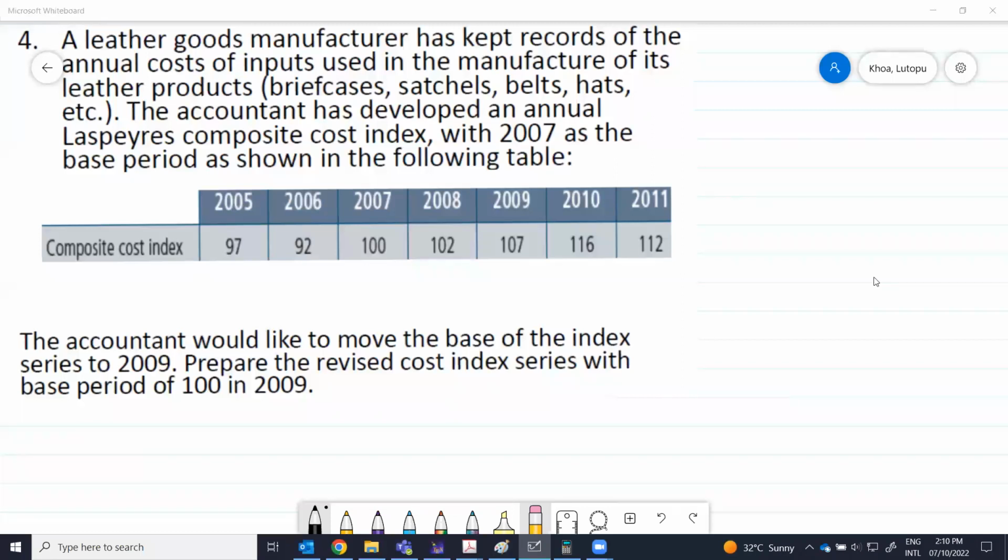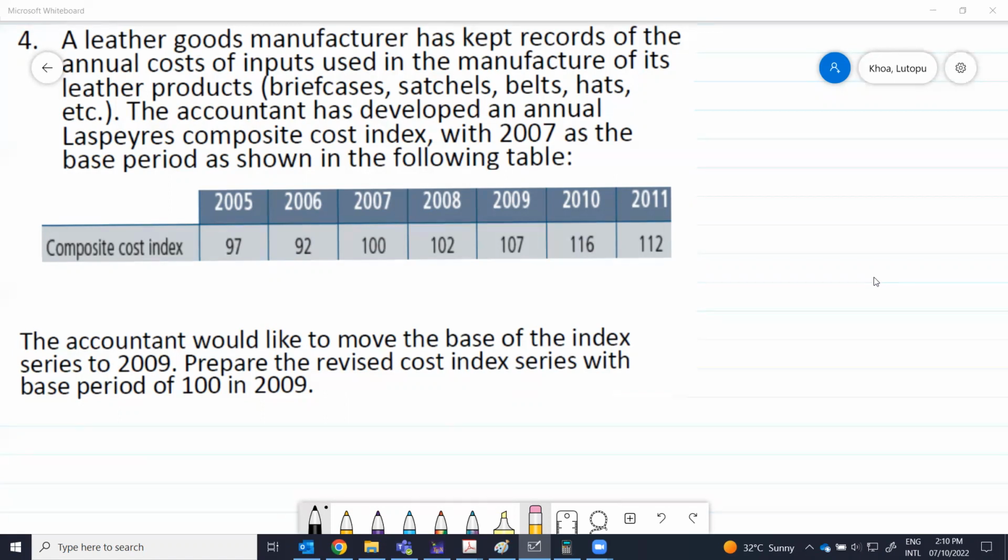Okay, for number 4, a leather goods manufacturer has kept records of the annual costs of inputs used in the manufacture of leather products, those briefcases, satchels, belts, hats, etc. The accountant has developed an annual composite cost index with 2007 as the base period as shown in the following table.